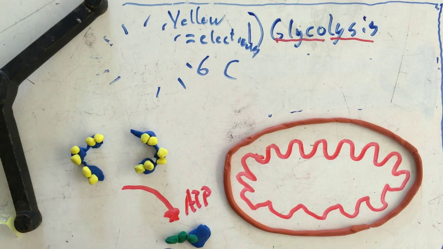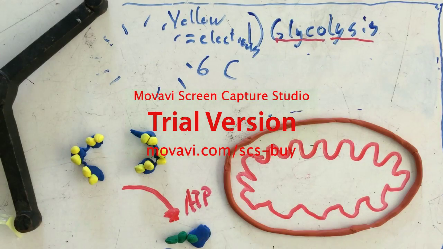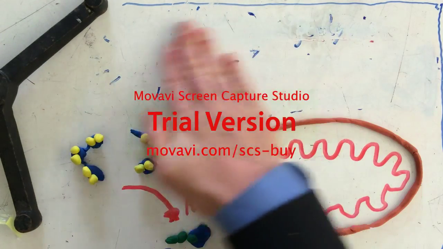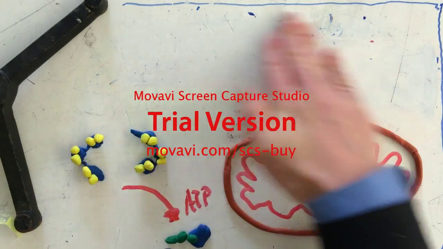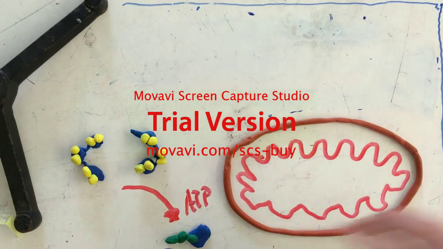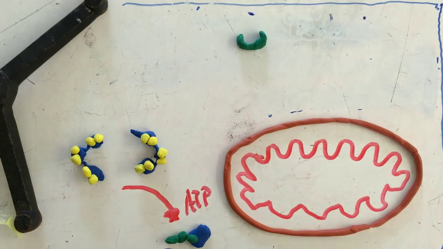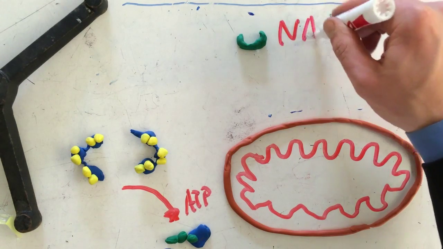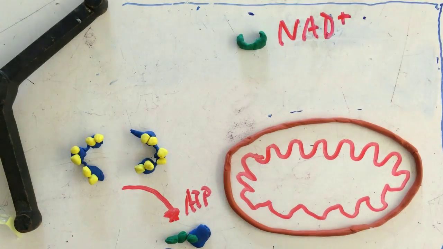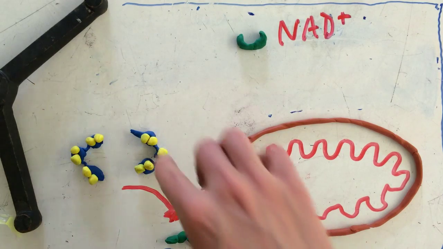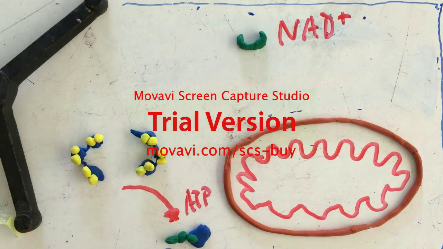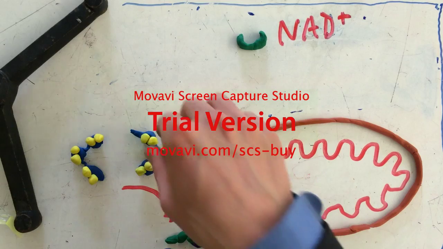The next thing that happens in this step is that these molecules, called NAD+, come in and steal electrons from glucose after it's been broken apart.